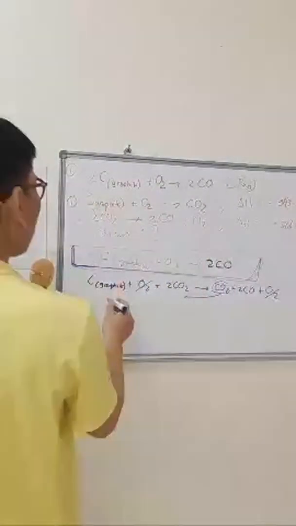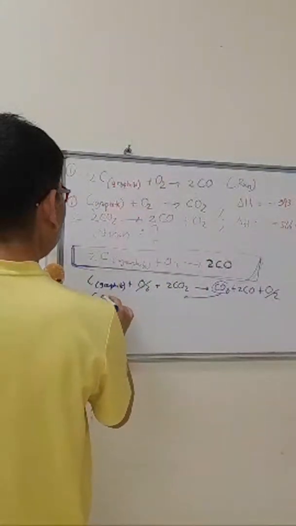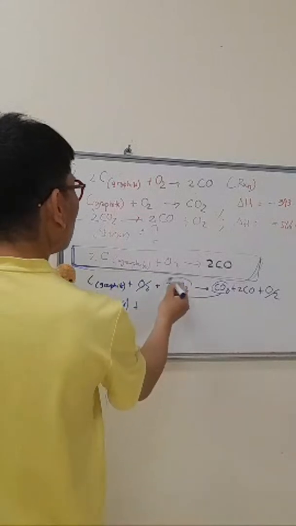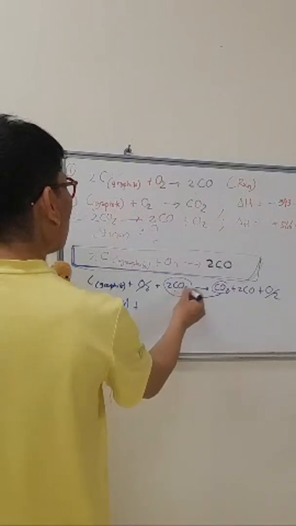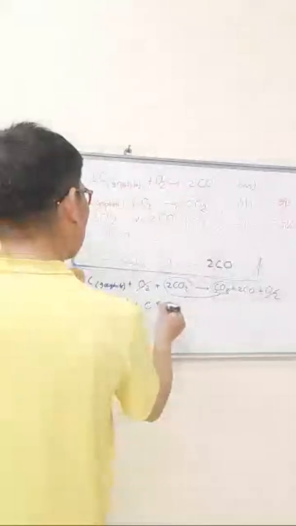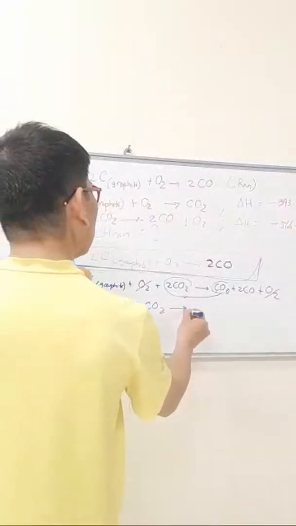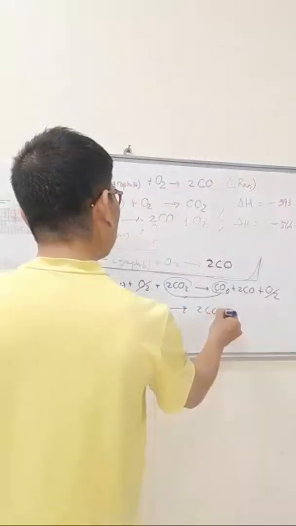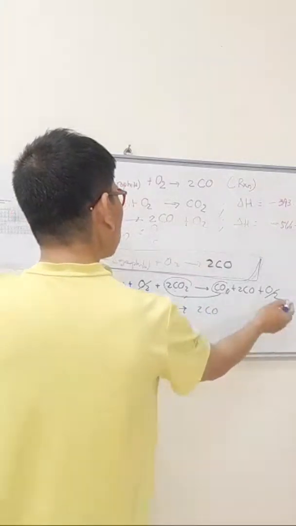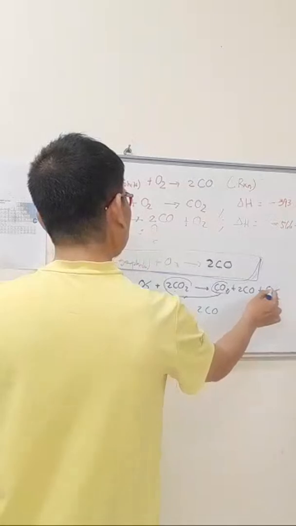So we have C graphite plus CO2 minus 2 moles of CO2 minus 1 mole of CO2 on the right, equal to 2 moles of carbon monoxide, because the oxygen gas will be cancelled.